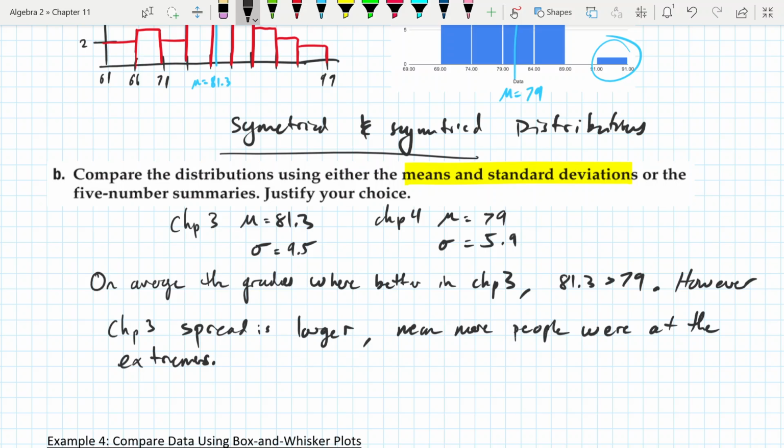With a tighter deviation here with the lower grade, yeah, maybe the overall grade was lower, but everyone had pretty much a more consistent type of understanding, right? It's a tighter curve in the middle instead of a very broad curve. That's the difference between these two situations. So this part here can be tricky, trying to describe what it means.